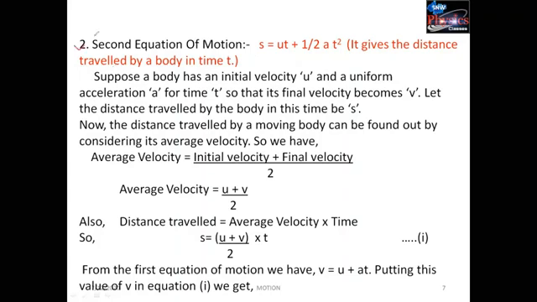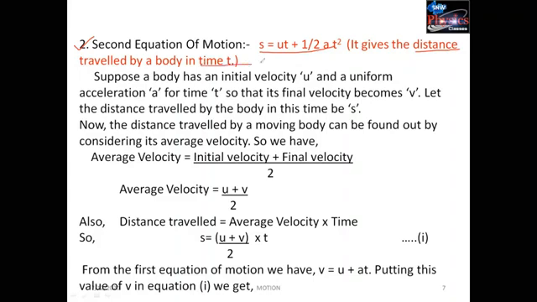Now we will derive the second equation of motion, that is s equal to ut plus half at square. It gives the distance traveled by a body in time t. What can we find out from this? The distance traveled by the body in any time t.